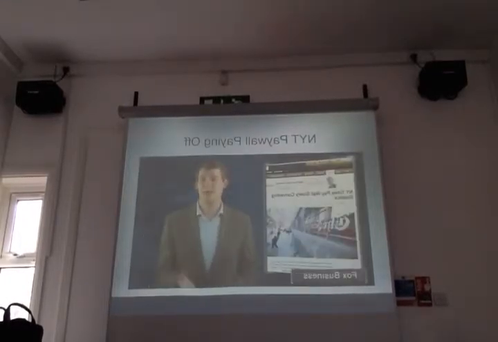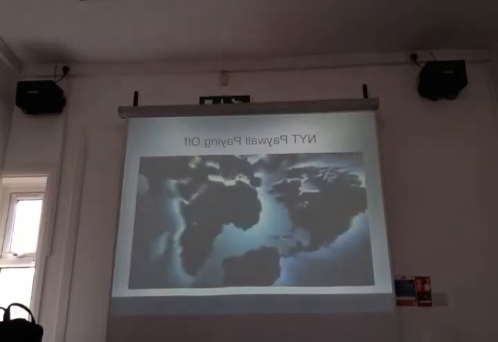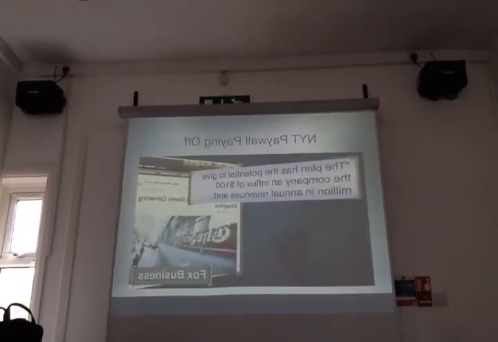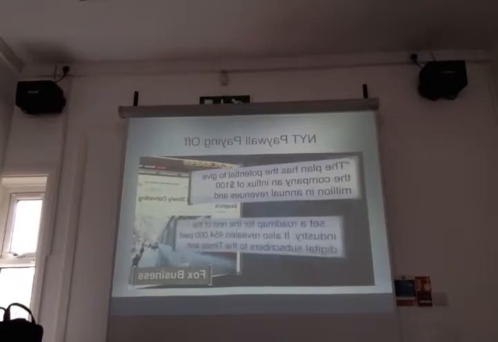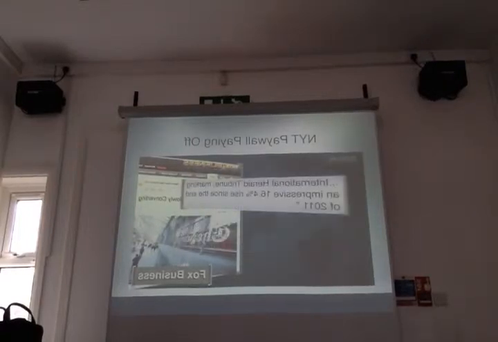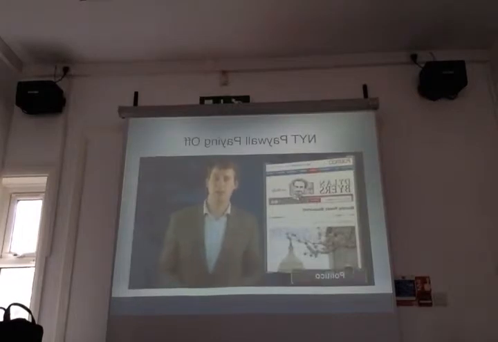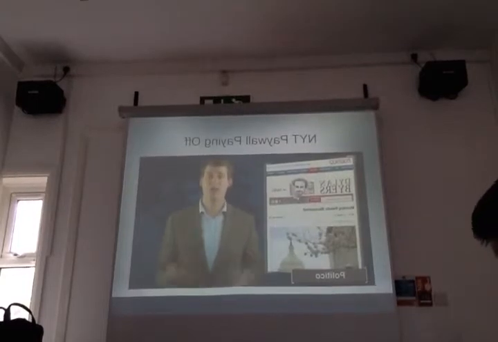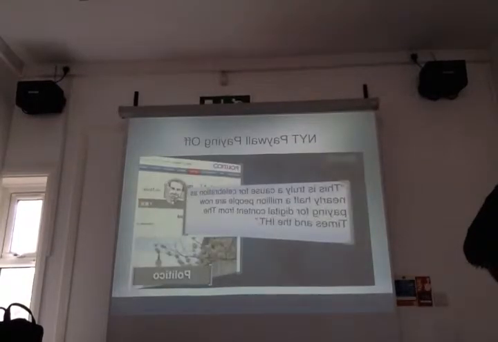And Fox Business has more of the numbers behind the decision to build up the paywall. Plan has the potential to give the company an influx of $100 million in annual revenues and set a roadmap for the rest of the industry. It also revealed 454,000 paid digital subscribers to the Times and International Herald Tribune, marking an impressive 16.4% rise since the end of 2011. Politico obtained the memo sent to New York Times employees about the coming change. In it, publisher Arthur Sulzberger Jr. seems very happy about his paywall. This is truly a cause for celebration, as nearly 500,000 people are now paying for digital content from the Times and the IHT.